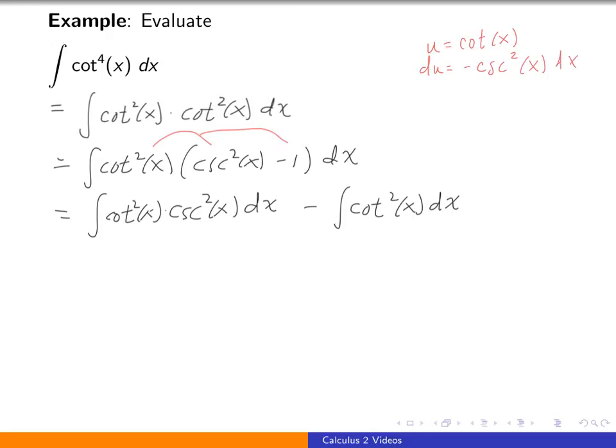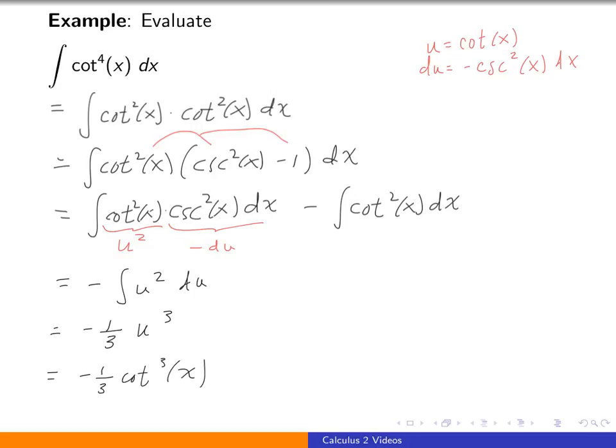With this observation, the cotangent squared becomes u squared, and cosecant squared is the opposite of du. So the first integral is going to turn into minus the integral of u squared du, which is minus 1/3 u cubed, and u is equal to cotangent. So minus 1/3 cotangent cubed of x.